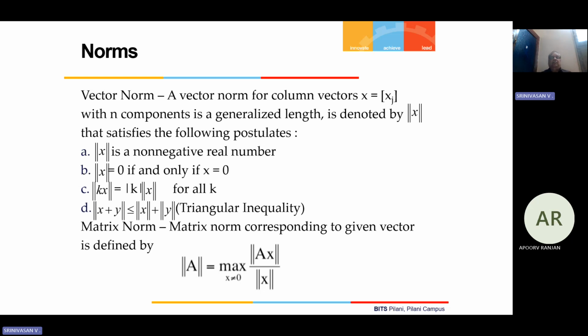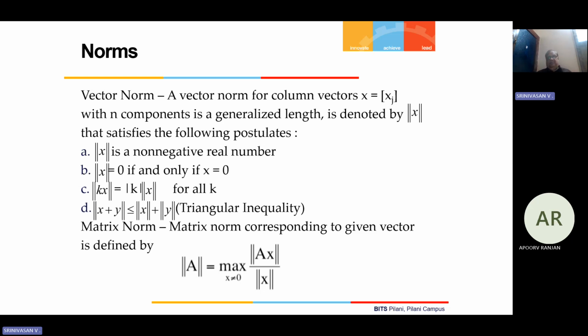A vector norm for a column vector x with n components x1, x2, ..., xn is a generalized length, a magnitude. For absolute value you put x within two parallel lines, and for norm you put double parallel lines on either side. That stands for norm.